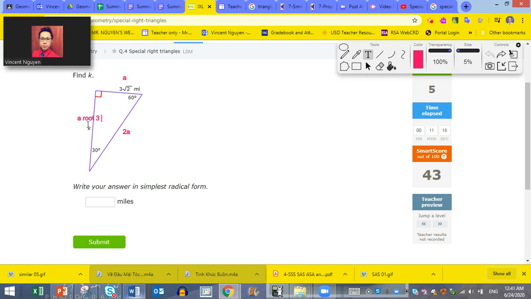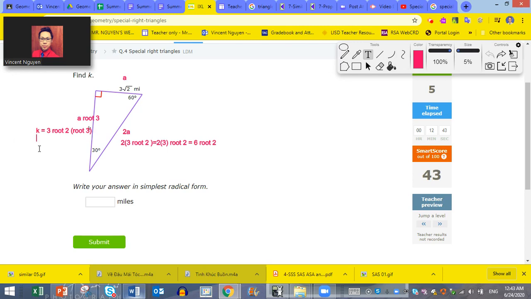Which is what I'm looking for in this problem. So here's A. A is given to me. It's 3 root 2. K is equal to A root 3. Well, A is 3 root 2, and that is being multiplied by root 3, because the root 3 is in our formula, right?